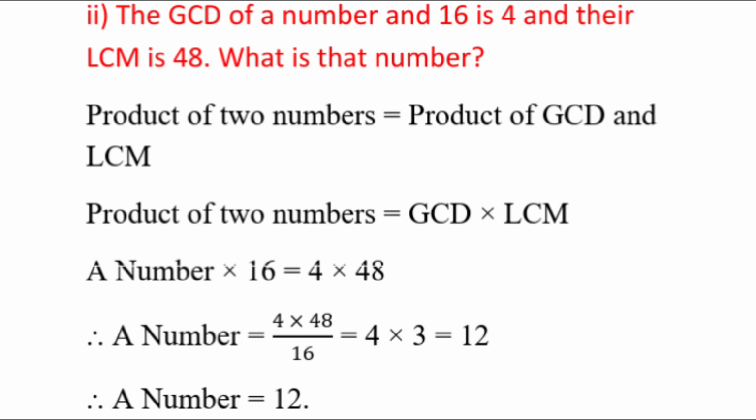Now put the values in the formula. Then we have the number is equal to 4 into 48 divided by 16. So 16 ones are 16, 16 threes are 48. So 4 into 3, which is equal to 12. Means that another number is 12. One number is 16, then another number is 12.